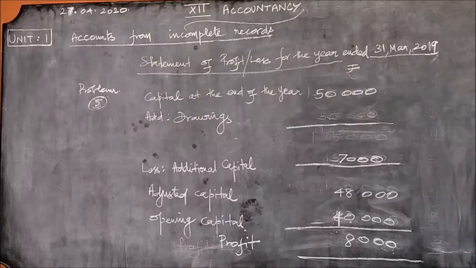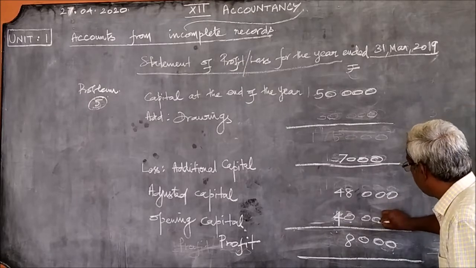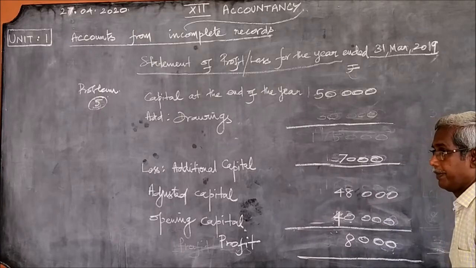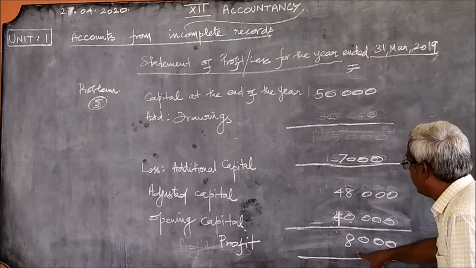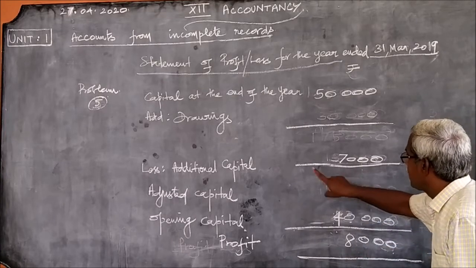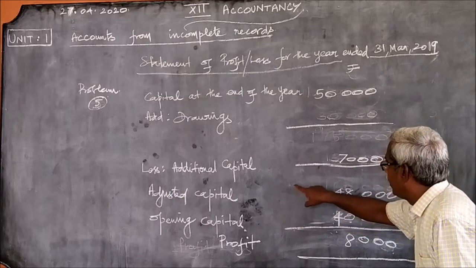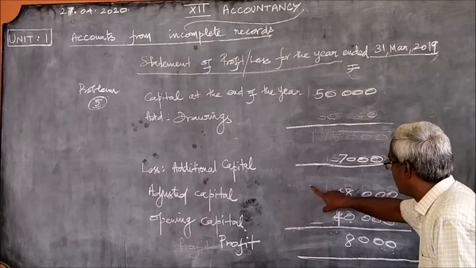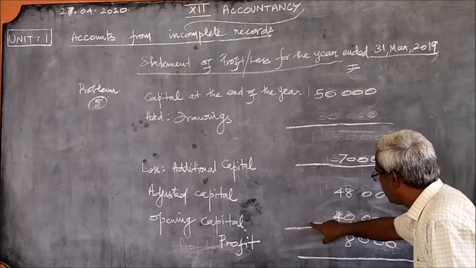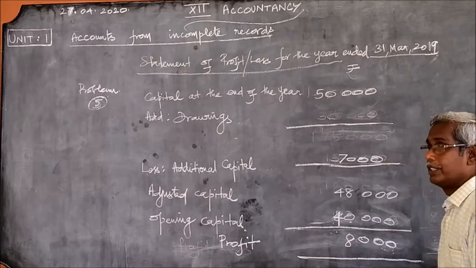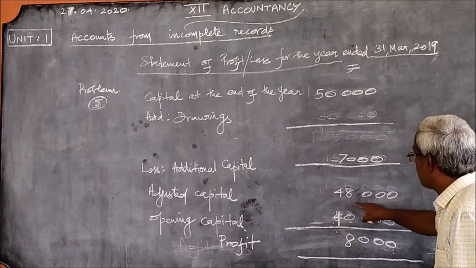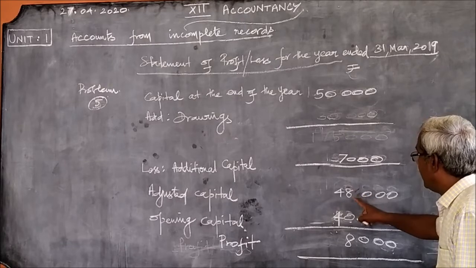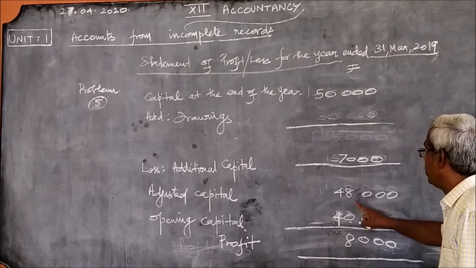Because it is a profit. If it is a loss, it would be the other way around. That is, adjusted capital minus opening capital will give profit. Adjusted capital must be 48,000, then alone you will get the profit 8,000.